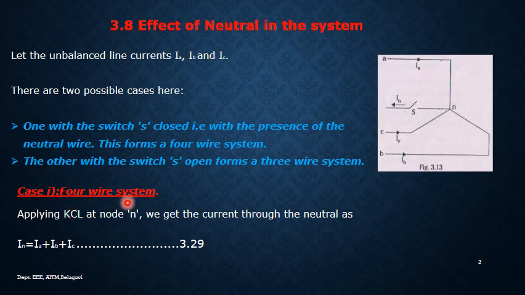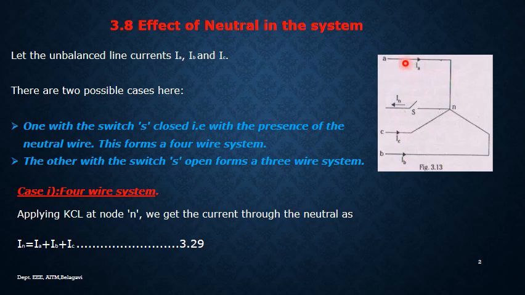For the four wire system, we now have a node N over here. Let us apply KCL at this particular node. Check the direction of flow of current for all the lines and neutral.